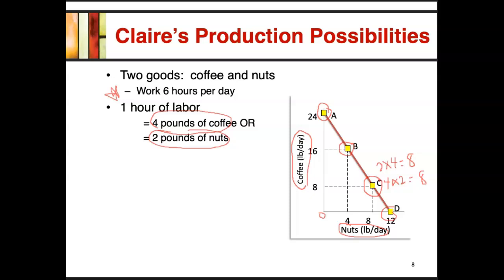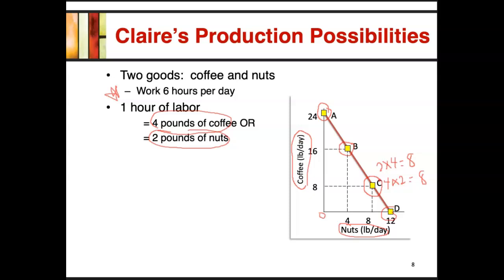A few things we need to know about a production possibilities curve. Before I delve into this, we can extend the production possibilities curve to a country. We can look at a country's production possibilities curve, and say a country is producing 2 goods, let's say coffee and nuts.